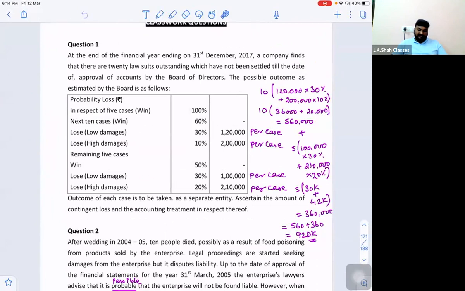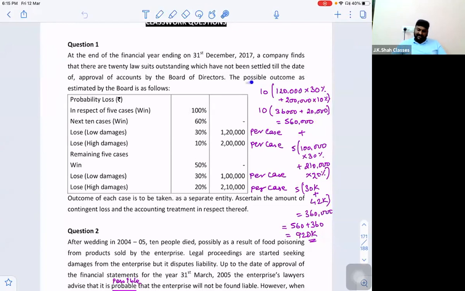At the end of the financial year ending 31st December 2017, a company finds that there are 20 lawsuits outstanding which have not been settled till the date of approval of accounts by the board of directors. Since they have not yet been settled, technically the condition is still existing on the balance sheet date with respect to the contingency.